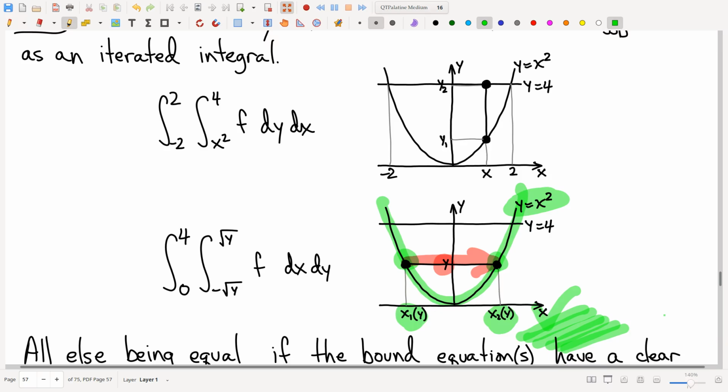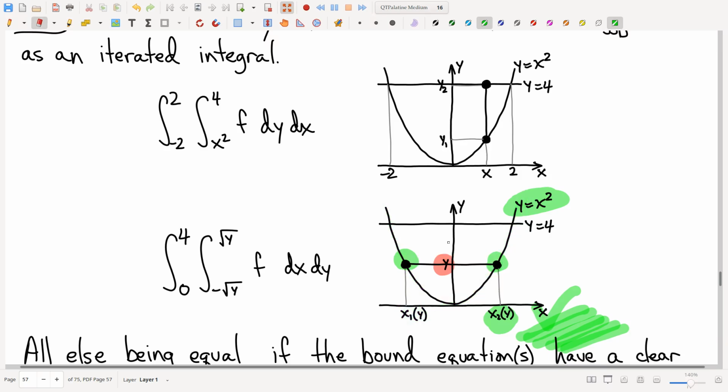You gotta do the process. We are looking for x bounds. We have to solve for x as a function of y. And again, obviously one's negative, obviously one's positive. So you get these minus and plus square root of y. Everybody good? Okay, so again, that was quick.